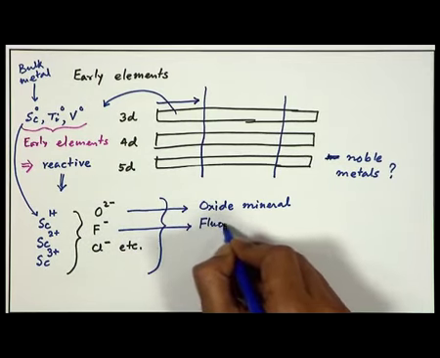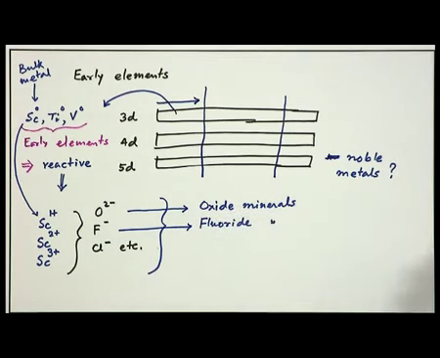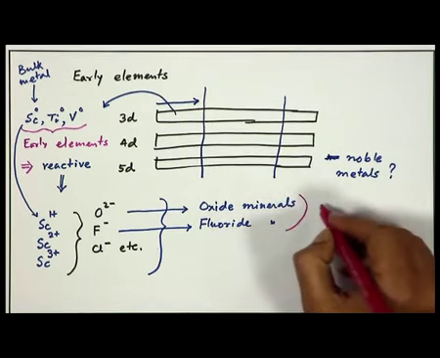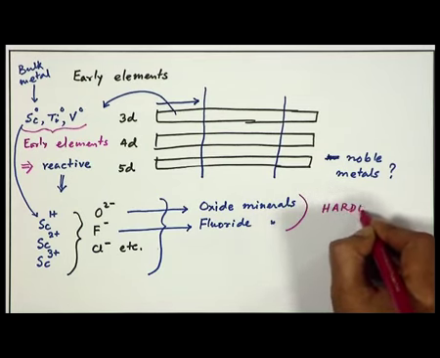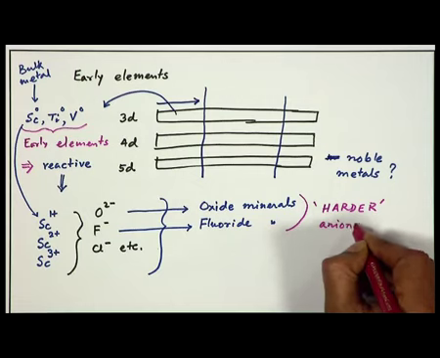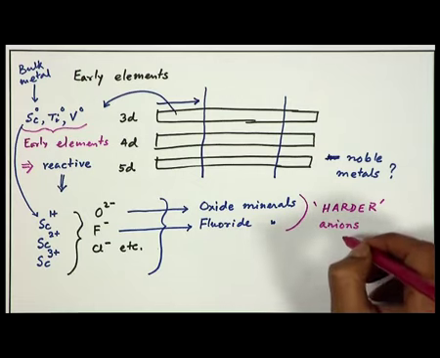Why are we getting these as the corresponding thing which can show the reactivity? Because they are harder anions. So, their charge is highly concentrated, their size is small.